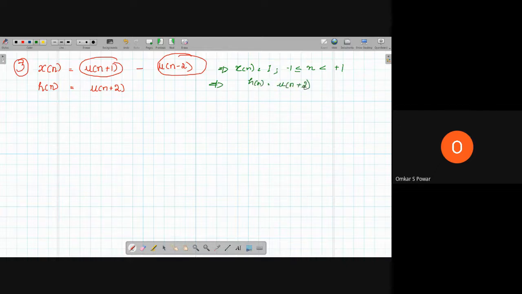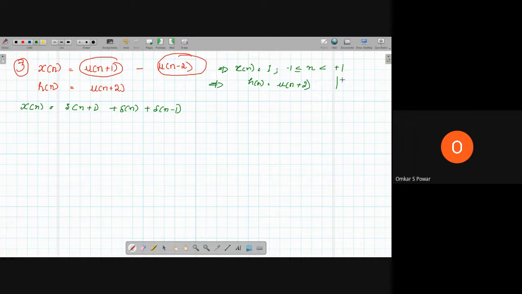No problem with that. Now, x of n we have to express in terms of del of n. How can we write it? Del of n plus 1 plus del of n plus del of n minus 1.